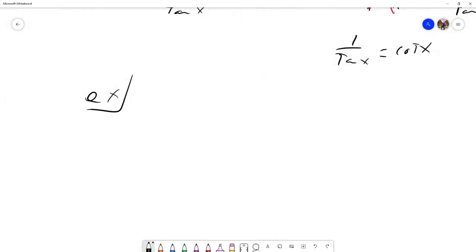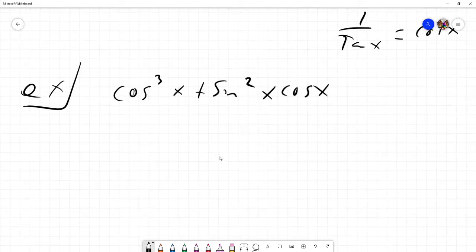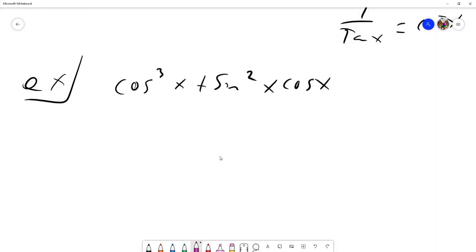So let's see here. How about this one? Cosine cubed x plus sine squared x cosine x. Now this one looks rather complicated at first because we've got these exponents here and here, but don't let that fool you. Instead, focus on the fact that we have cosine terms here and here.